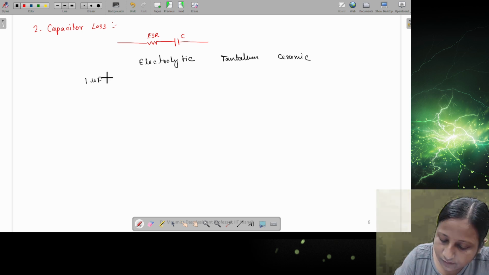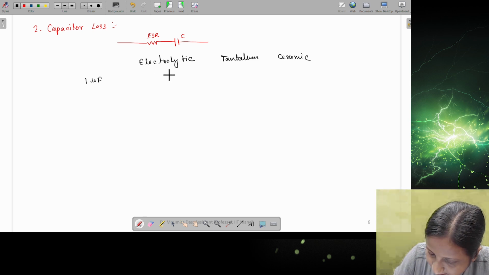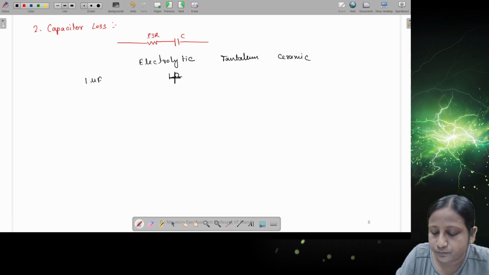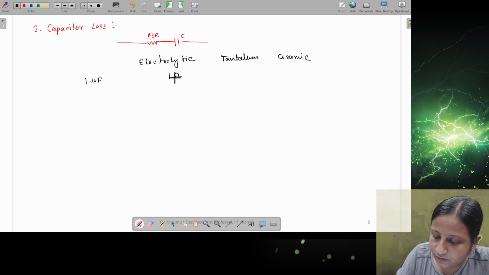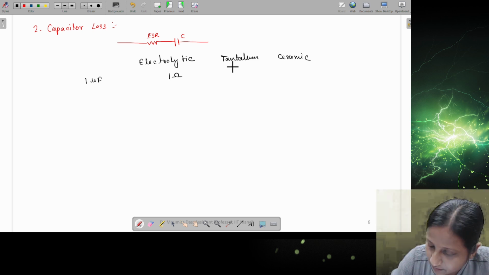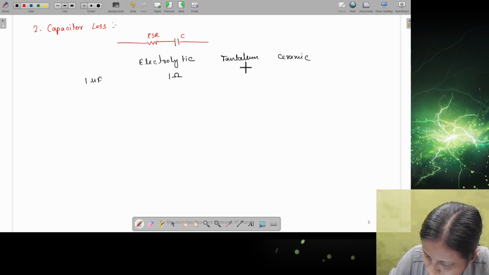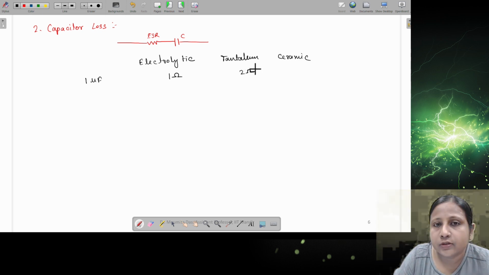You can see, if I choose a 1 microfarad electrolytic capacitor, it has ESR around 1 ohm, right? If I select tantalum, then the ESR will be around 2 ohm, right?